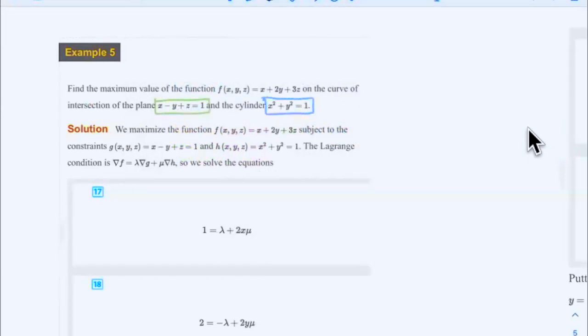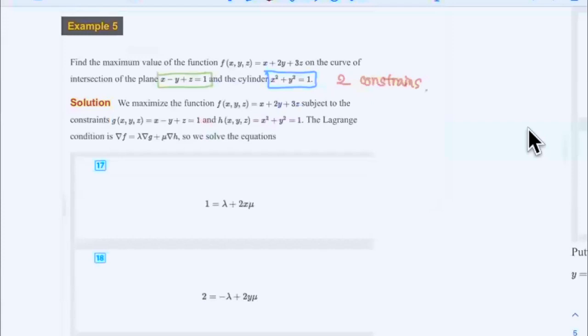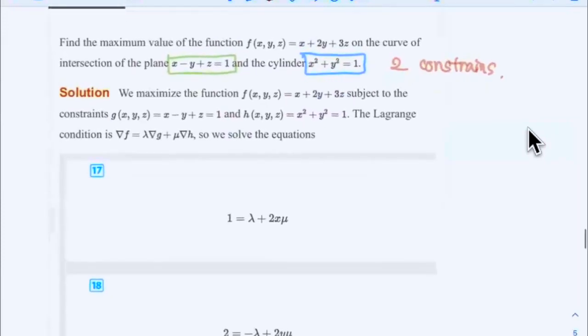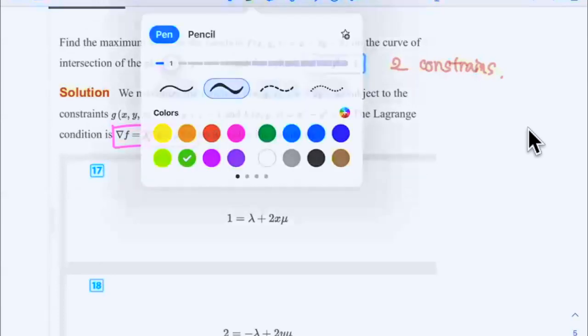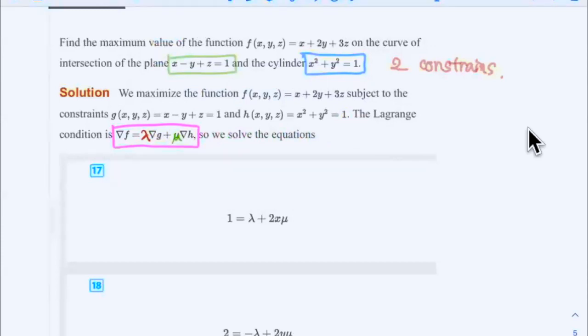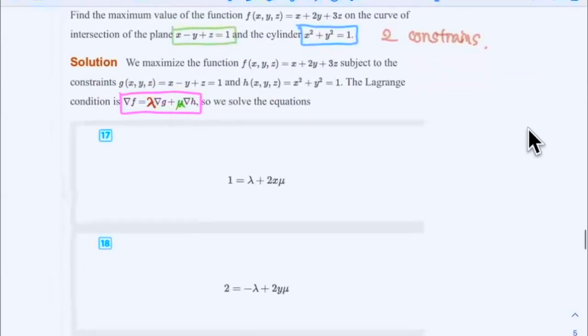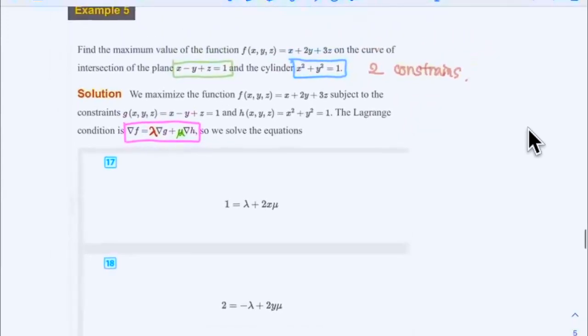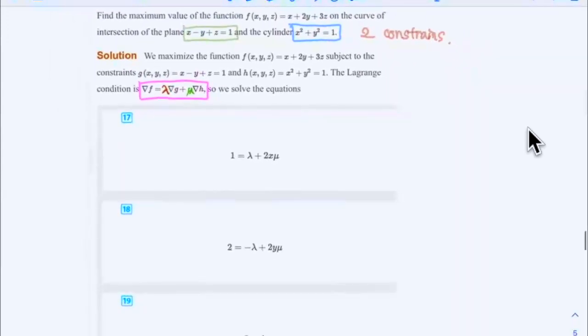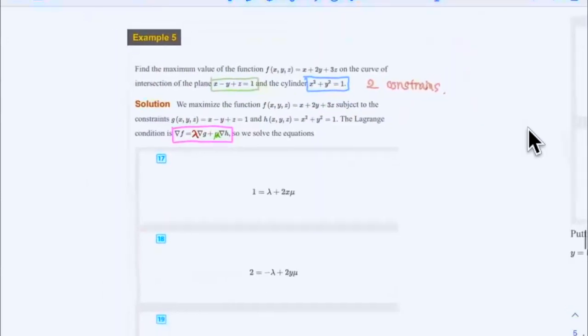The important part here is to remember this: this time the gradient of f is equal to lambda times the gradient of g plus mu times the gradient of h. And that will bring it into 3 equations.